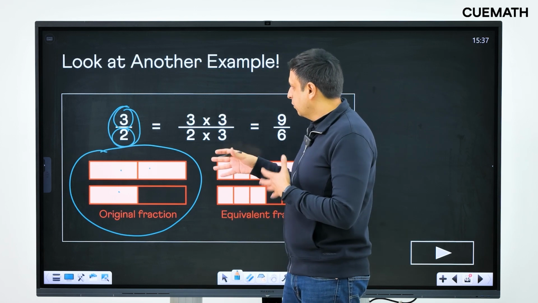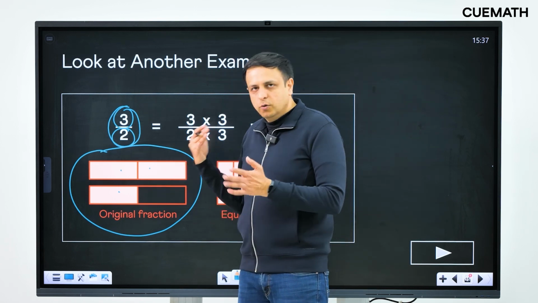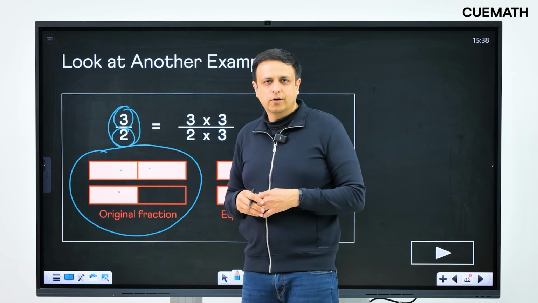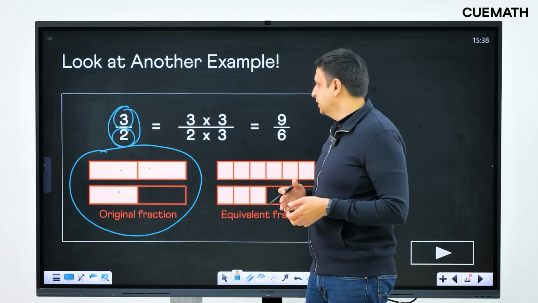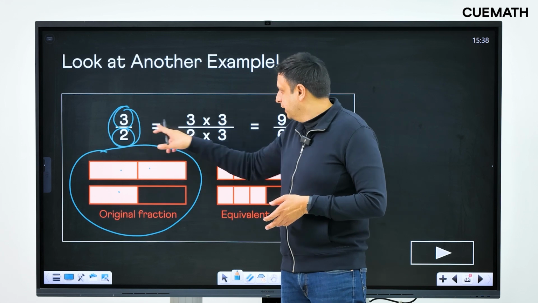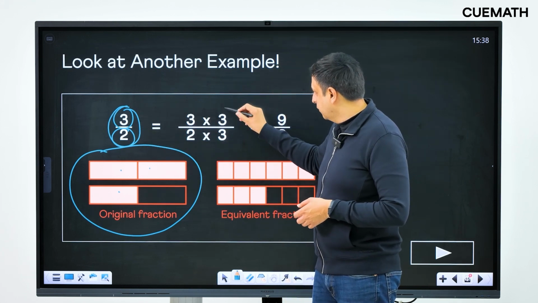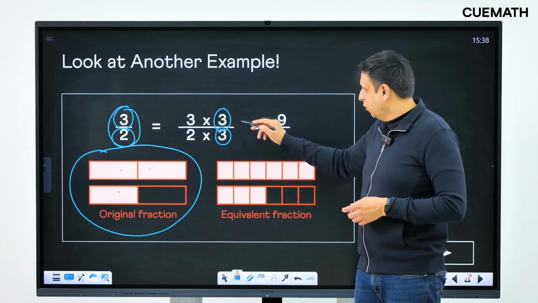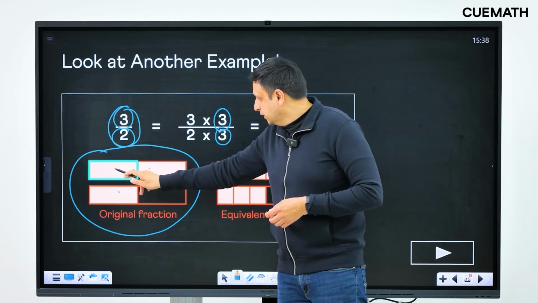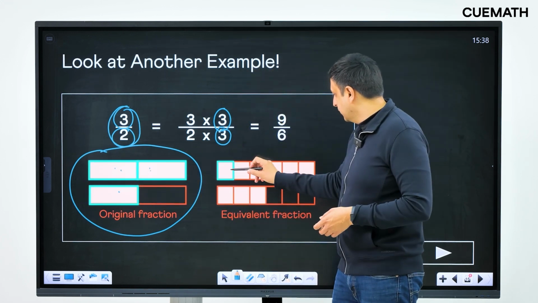Now the question here is, can we still do the same thing of multiplying the numerator and denominator by a certain number to get another equivalent fraction? The answer to this question is yes. For example, we have multiplied the numerator and denominator with 3 to get a new fraction 9 over 6. So what is this really doing? It is dividing each of these parts further into 3 equal parts.